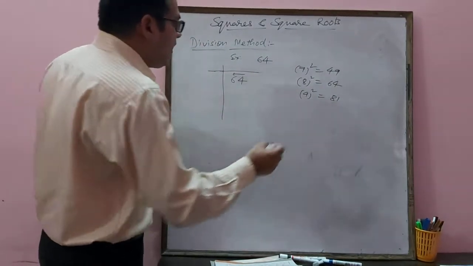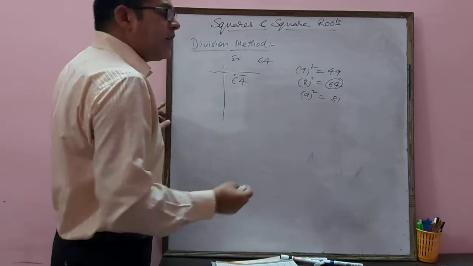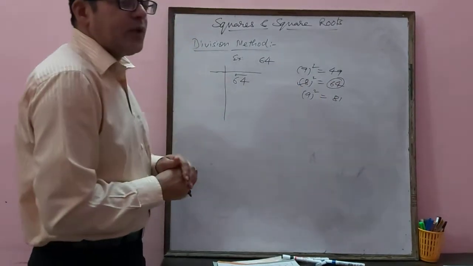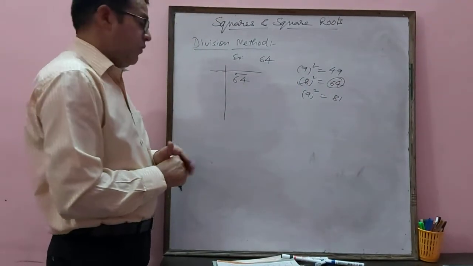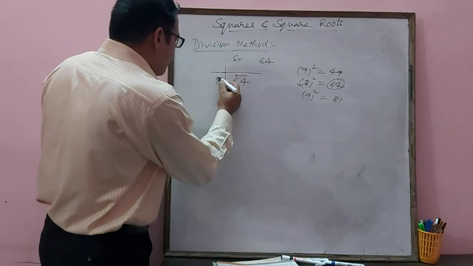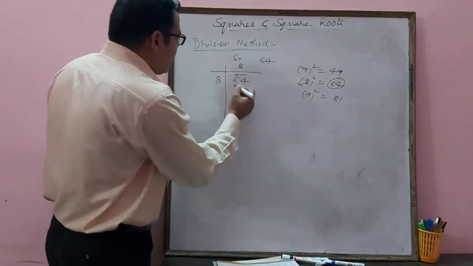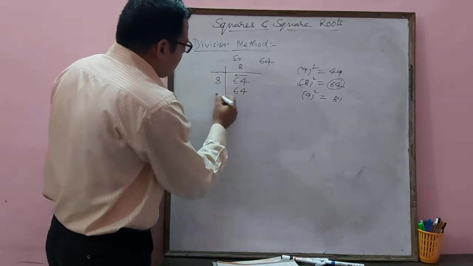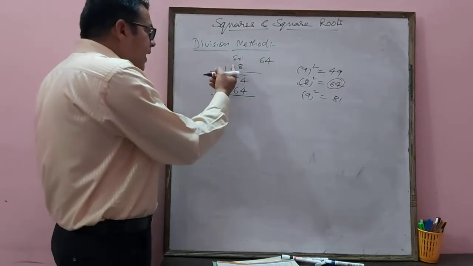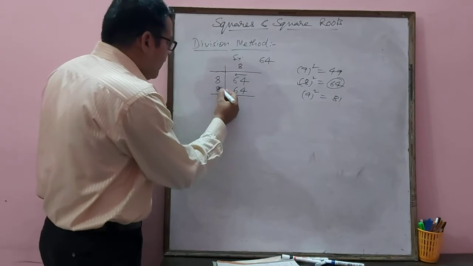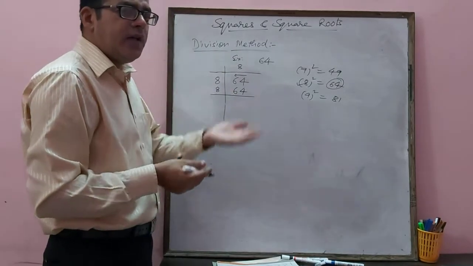So exactly, we know that the square of 8 is 64. So we write 8 here, and 8 times 8 gives 64. And this 8 we have to write here also for further proceeding.